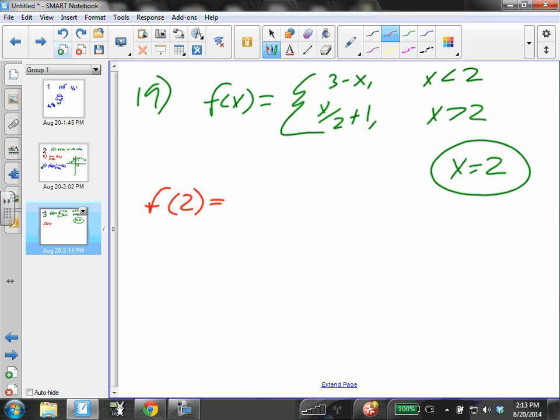F of 2 wants to know where we actually are when we get to 2. So when it's equal to 2, what's going on? Well, where would we put that?